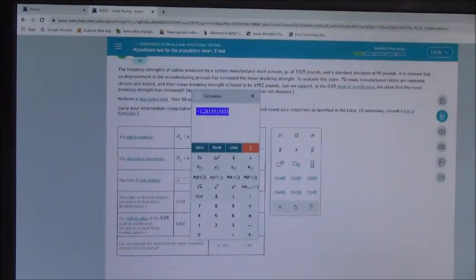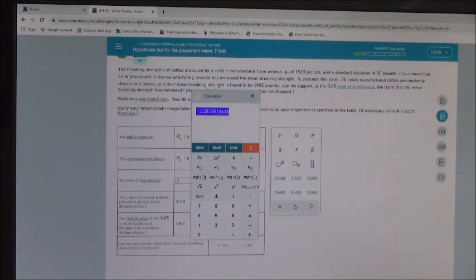So if we accept the null, it means we are going to reject the claim, because the claim was the one that was less than.